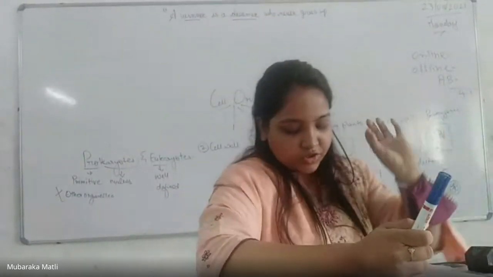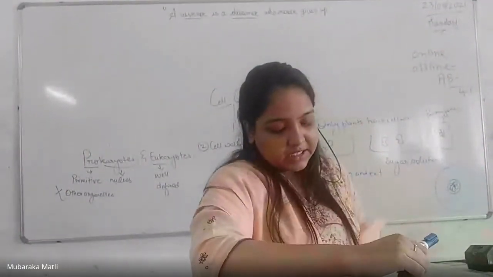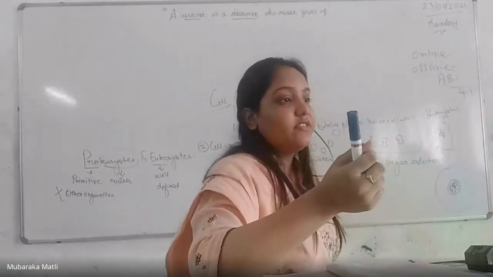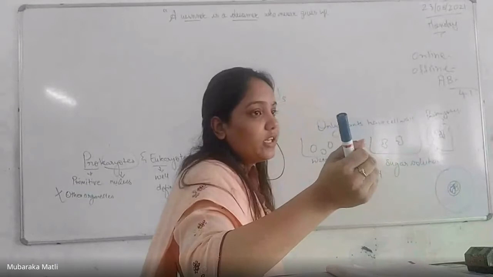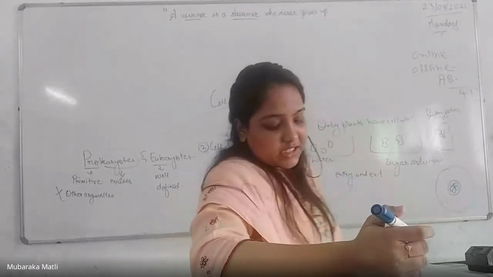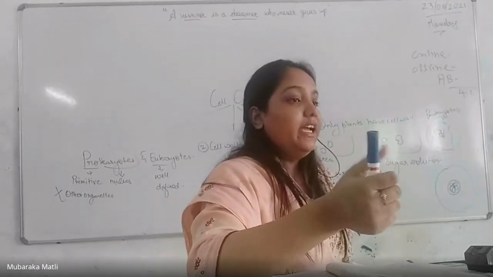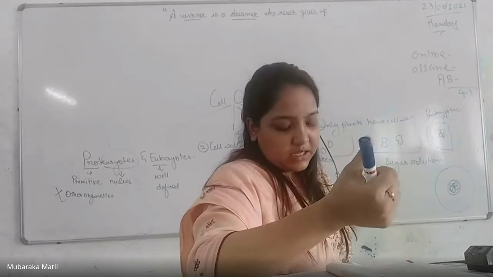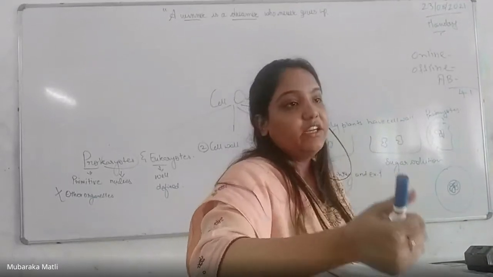Understood? The significance of the membrane is very important, because it enters the bacteria through the membrane. Viruses lack any membrane and hence do not show any living characteristic until they enter a living body.